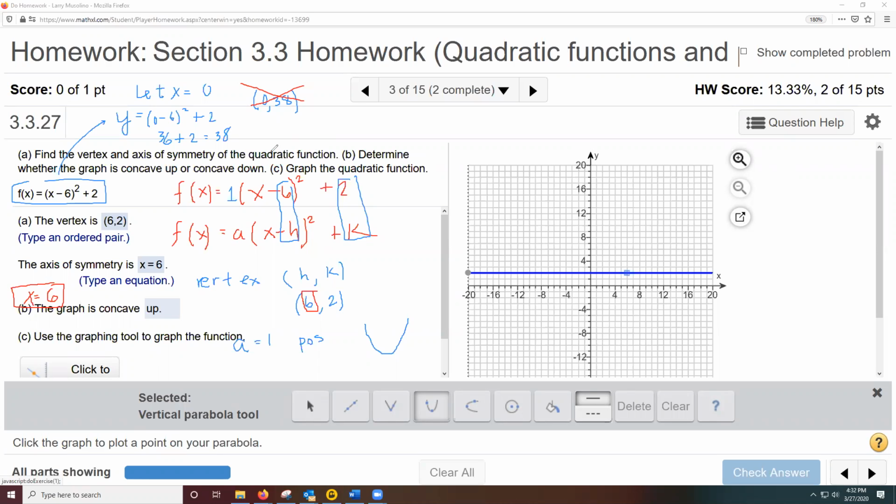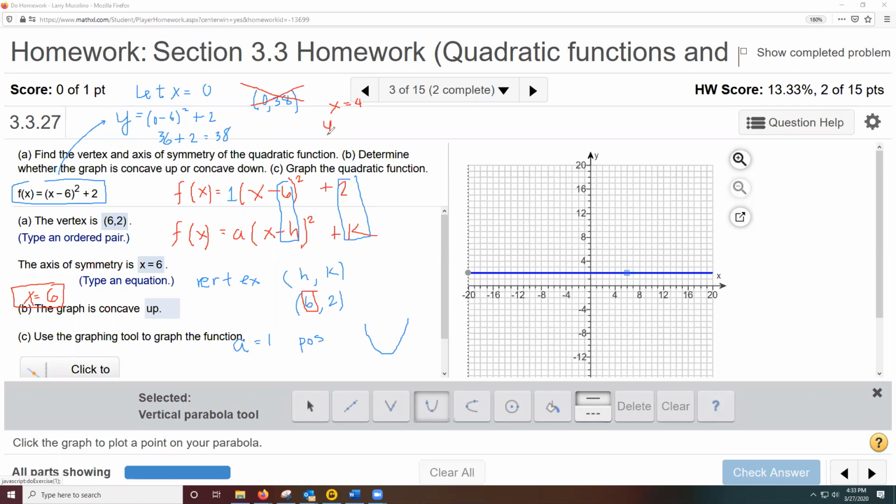Now, how about if I pick an x value nearby 6? Because if I pick an x value nearby 6, that's going to put me close to this point, and I'll be able to plot this on the graph that MyMathLab has given me. So I could pick x equal 4 or 5 or 7, anything like that. Let me go with x equal 4, let's say. You could pick any value you want. I'm going to go with x equal 4.